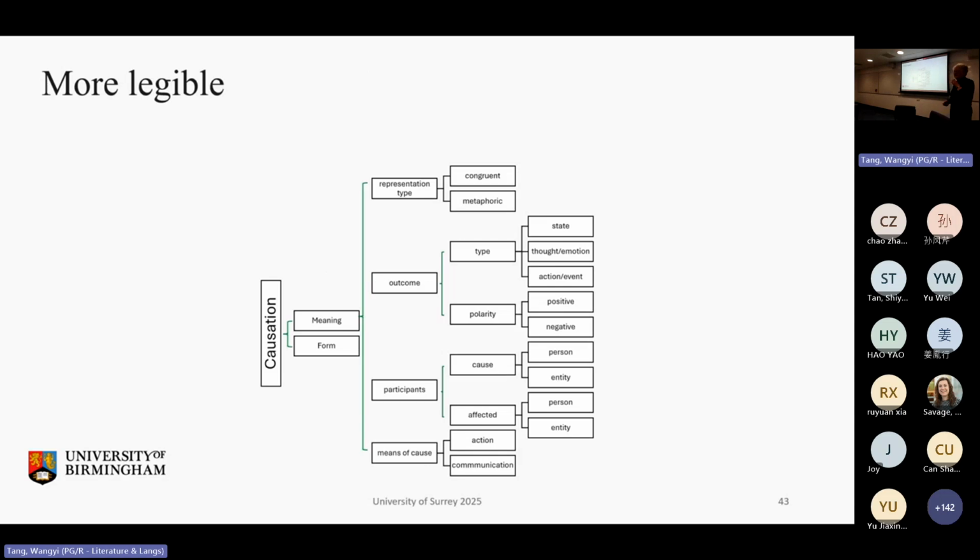So this is just the meaning choices. And so you choose again simultaneously between the representation type, the outcome, the participants, and the means of the cause. So these curly brackets, rather inexpertly drawn here by me, but shown in green to show that they're curly brackets and not straight brackets, that's a systemic way of saying this is a simultaneous choice.